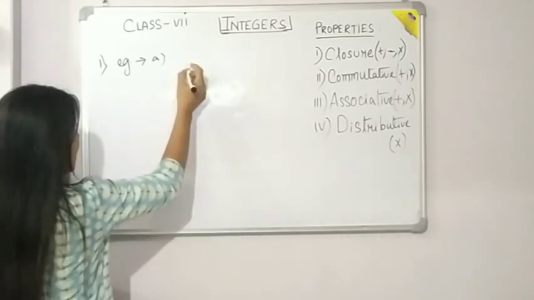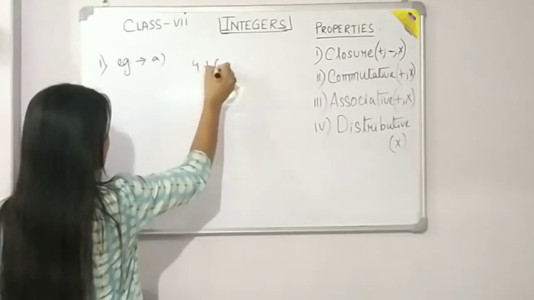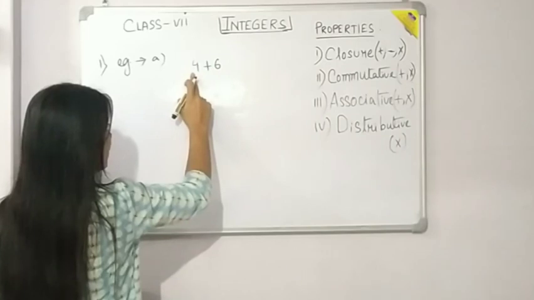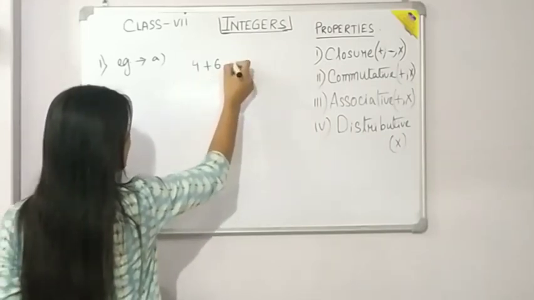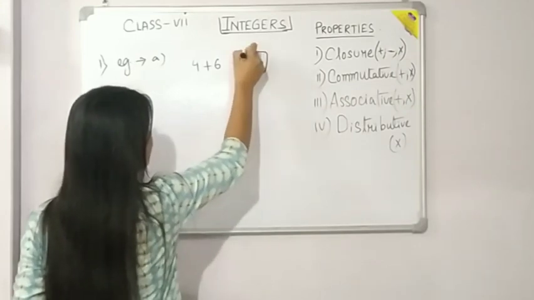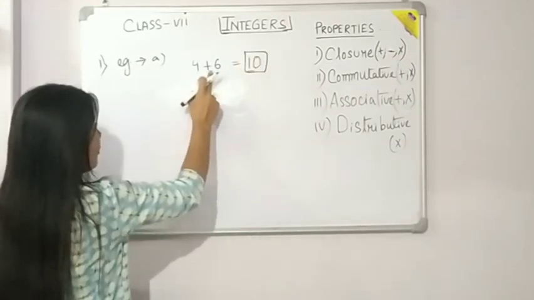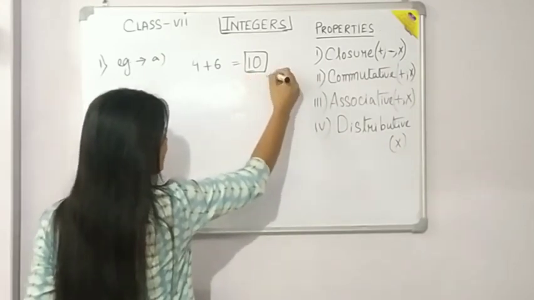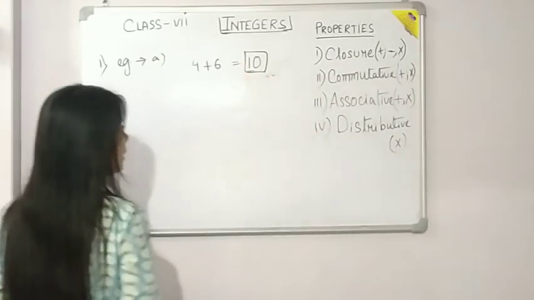Let us take an example, 4 plus 6. 4 is an integer, 6 is also an integer. So we are taking the sum of two integers, and whatever answer comes will also be an integer. So this says that the sum of any two integers will always be an integer. This is called closure property under addition.